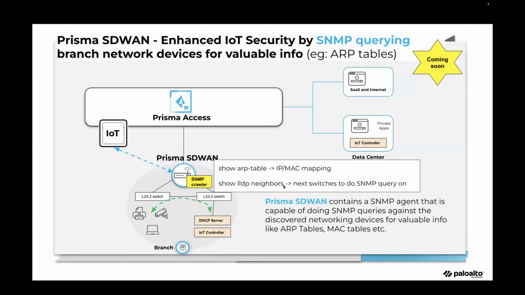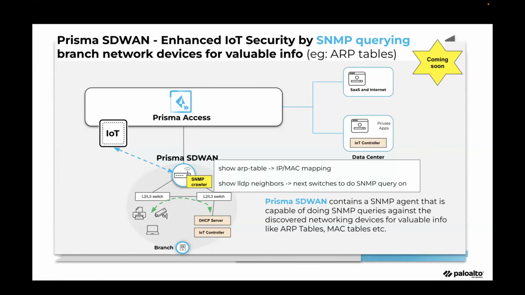Things like, hey, give me the ARP tables of these devices, give me the MAC address table. And from there, we can stitch new things together, right? Things like, hey, this is the MAC address. It might give you some hints about the vendor. Doesn't mean that I'll completely trust that information, right? Because MACs can be spoofed, etc.